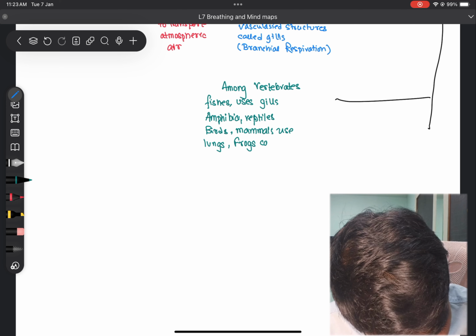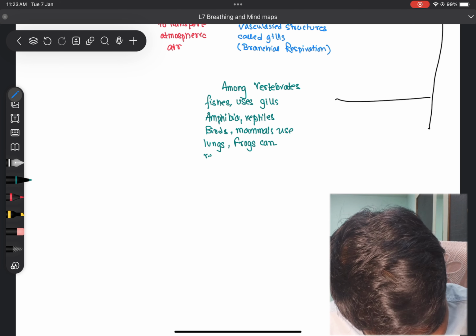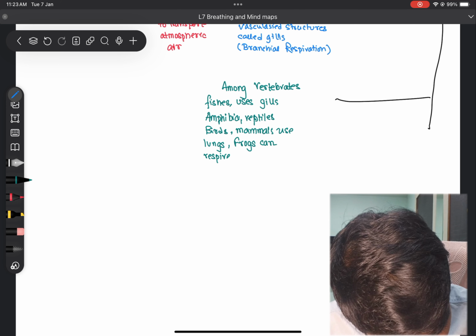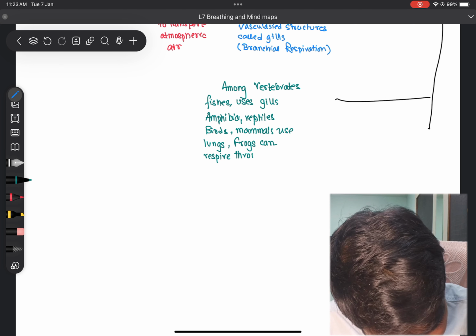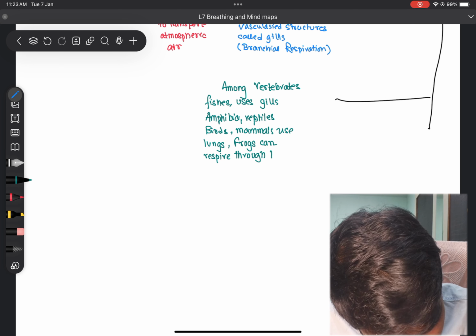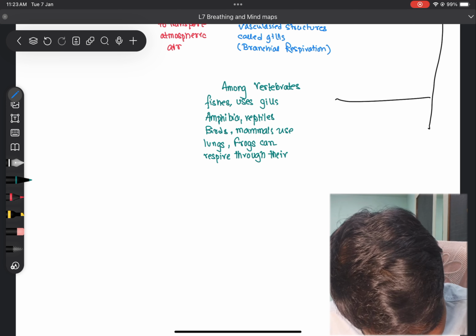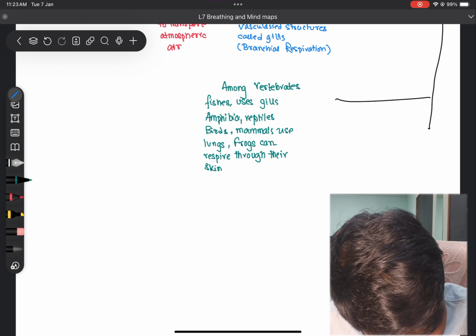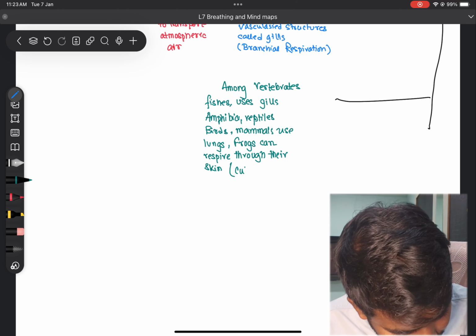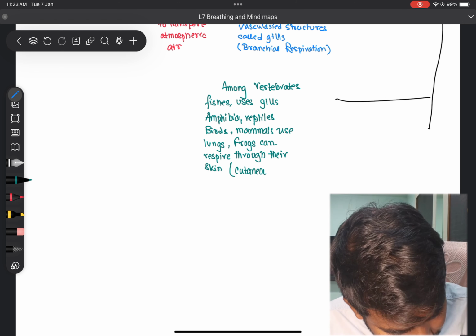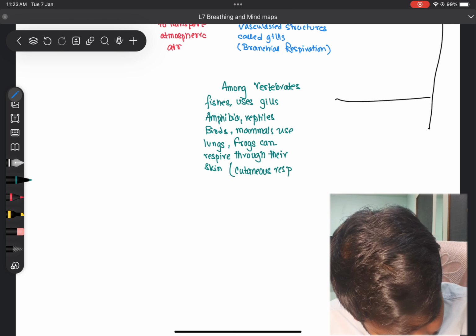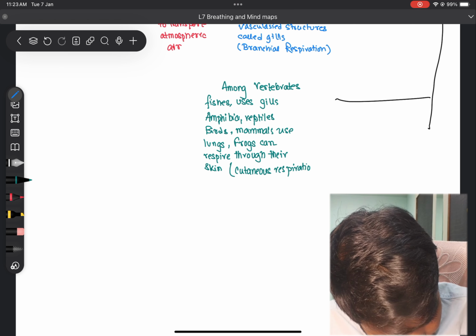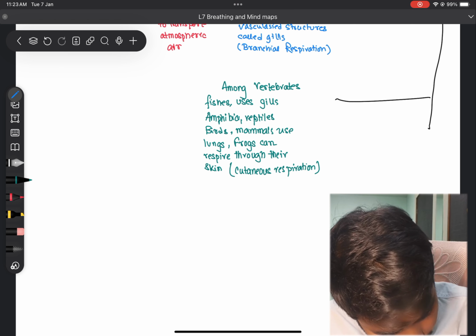Frogs can respire through their skin. That is called cutaneous respiration. Okay.